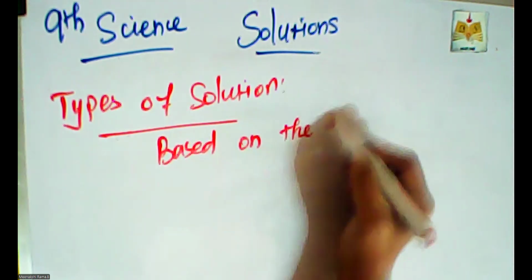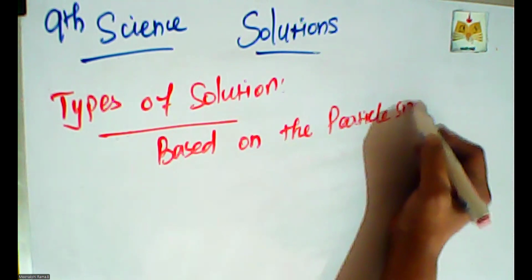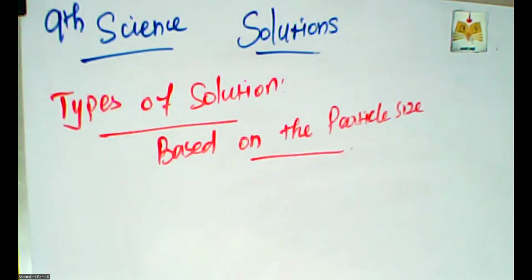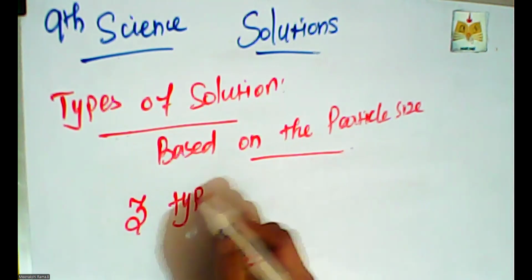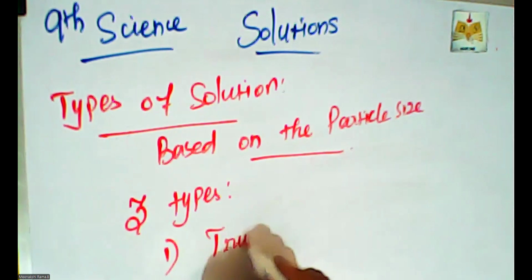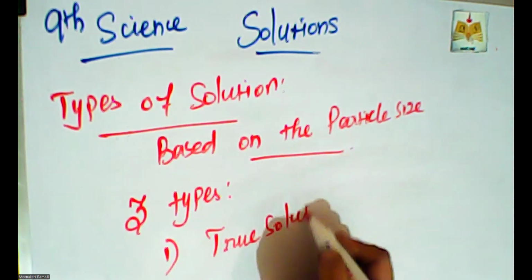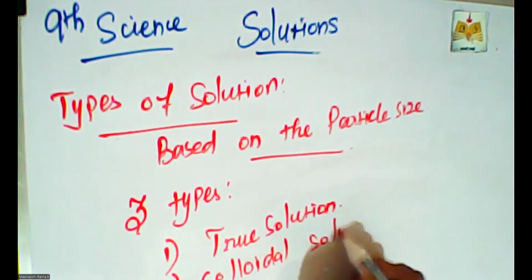Based on the particle size, we can classify the solution into three types. The first kind of solution is called true solution. Another one is colloidal solution.